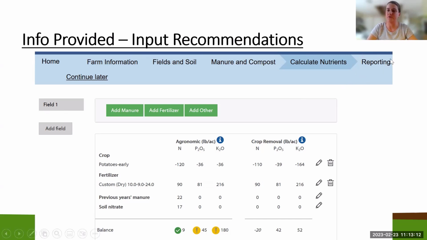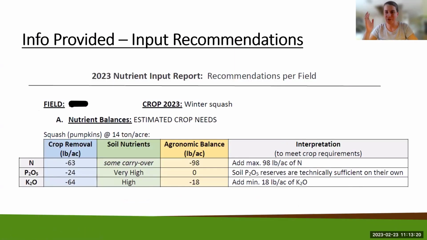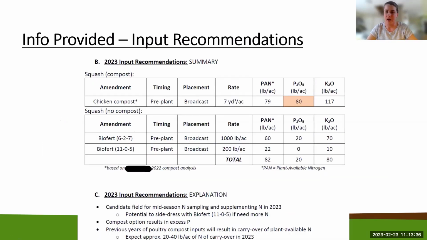At the top here, there is a reporting option. For some growers, I just share direct reports from this calculator. But I have also created my own summary, which takes information from that calculator. I've got crop removal balance information here and agronomic balance information here, summarized together into a table. Underneath this summary table, I can put my recommendations and some further notes on those recommendations.